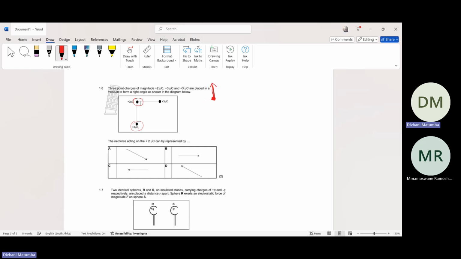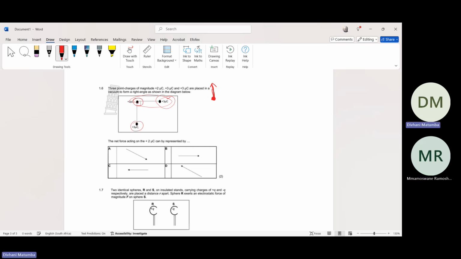That's the first interaction. The second interaction, if it's placed like that, won't it go down? Remember, it's repelling. I remember you only deal with two charges at a time, and then you forget the other one. So we are checking the relationship between this one and this one. They will repel each other.